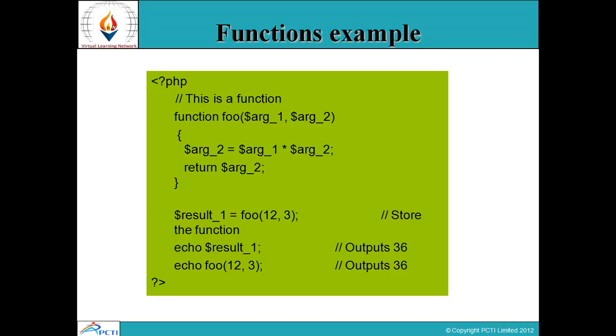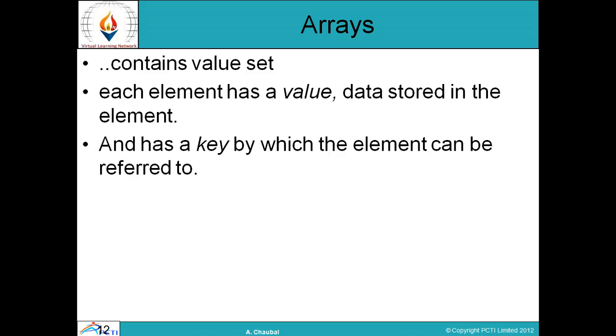So argument 2 is equal to argument 1 into argument 2. Return argument 2. So $result1 is equal to FOO 12, 3, or we can say FOO in small case. So now you will echo $result1, echo FOO 12, 3. Right? In this way you can make use of the functions liberally in PHP.